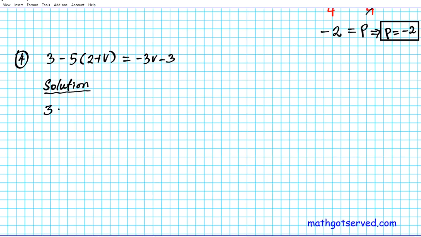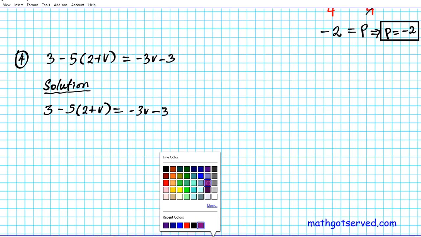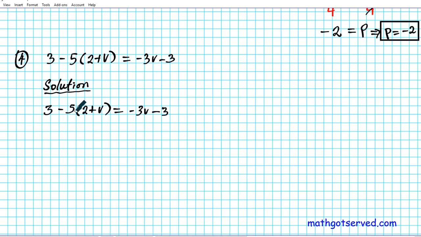So the first question I like to ask is, what is the first step in solving this equation? Remember we talked about earlier that when you have parentheses, you want to try and rid yourself of that as early as possible. So we can do that here. We have negative 5, so we can distribute negative 5 to 2 and distribute negative 5 to v.